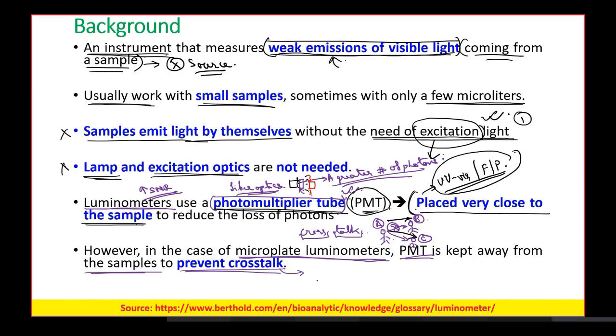That means unintentional interference or interaction with another person. Crosstalk is an unintentional process. Are you getting my point?